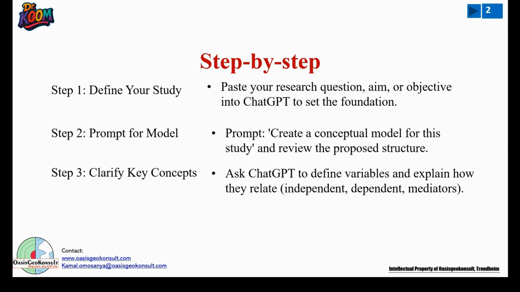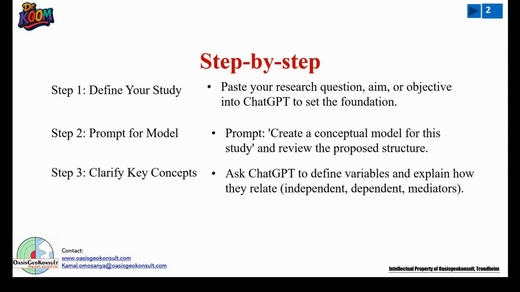And then when you do that, you can now prompt it to create a conceptual model for this study. And then when it produces that, you can review it over and over again. You can even ask it to define some of the variables, like labeling them, and also putting some extra things like arrows, like putting scales and so on and so forth.